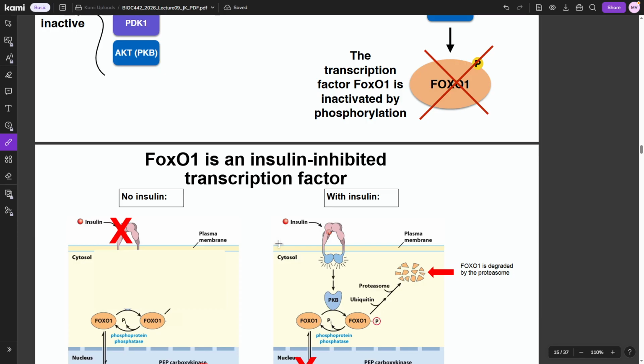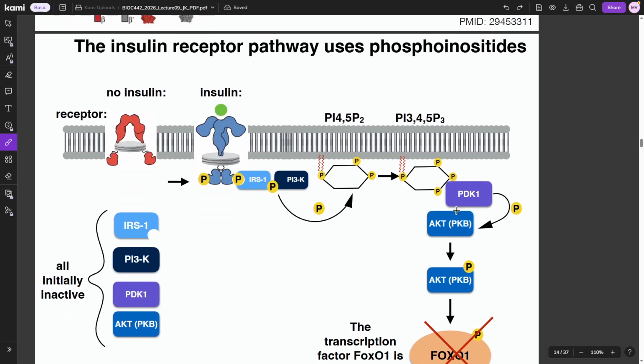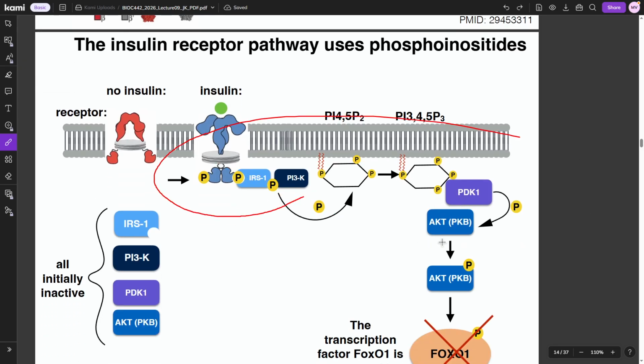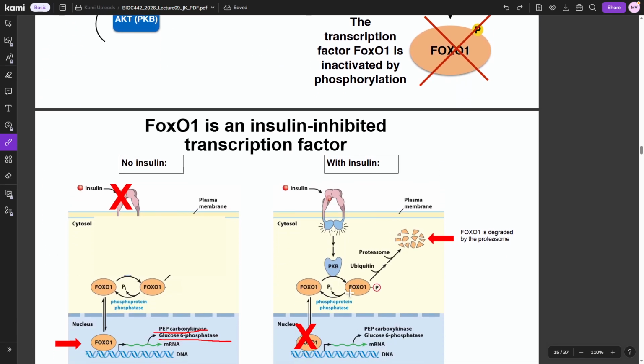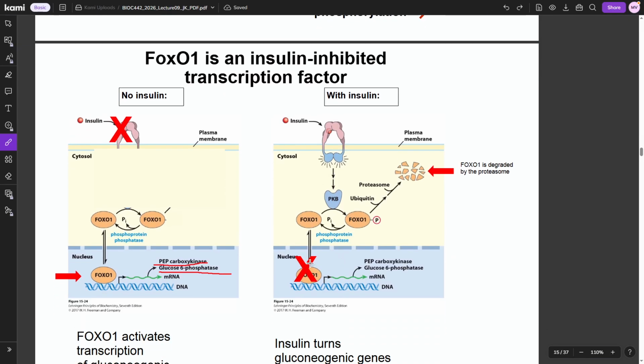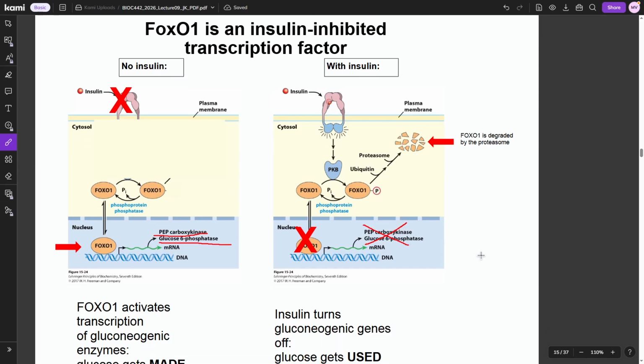Basically what happens with insulin is once insulin binds, we get this whole cascade, right, where PKB is activated. And when PKB is activated, it phosphorylates FOXO1. And in that conformation, ubiquitin is actually able to bind to FOXO1, which leads to degradation of FOXO1. And if FOXO1 is degraded, you can't go into the nucleus and make PEPCK or glucose 6-phosphatase.